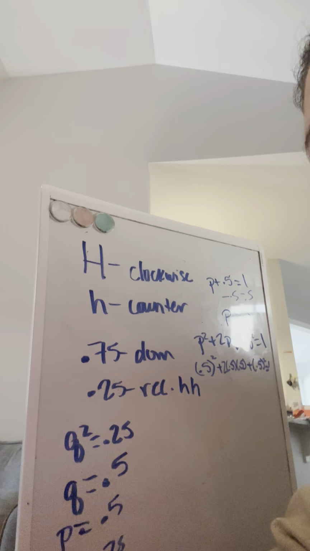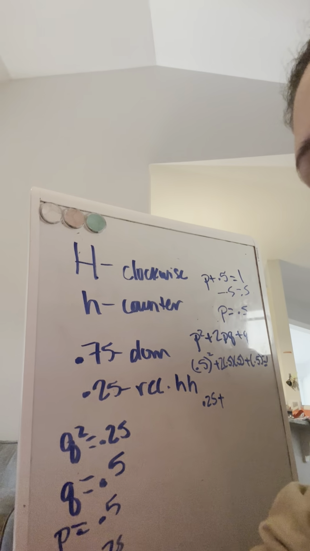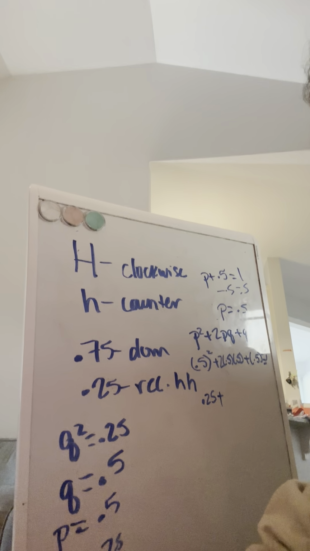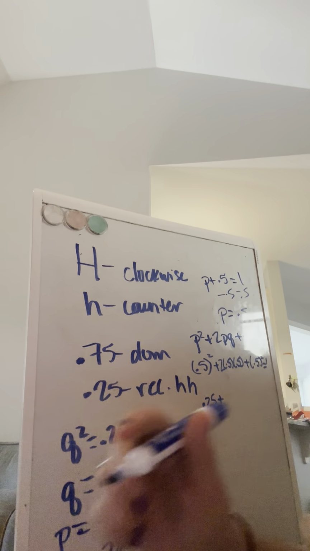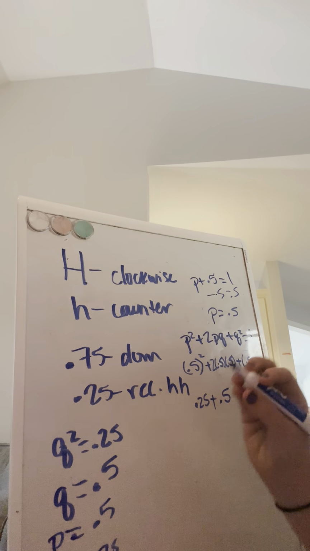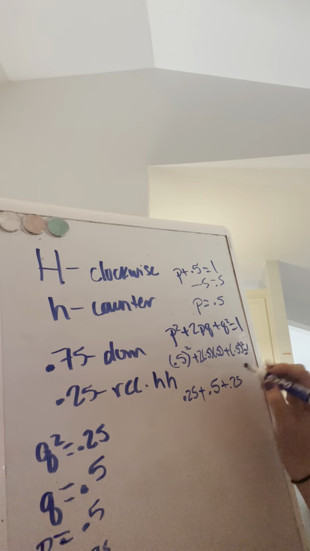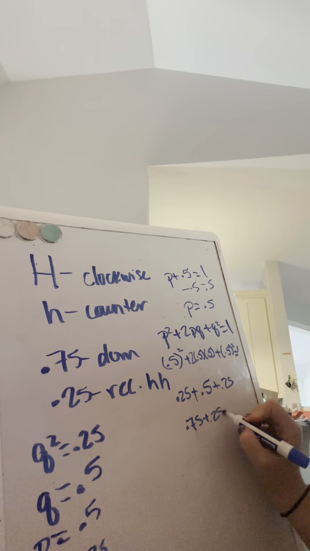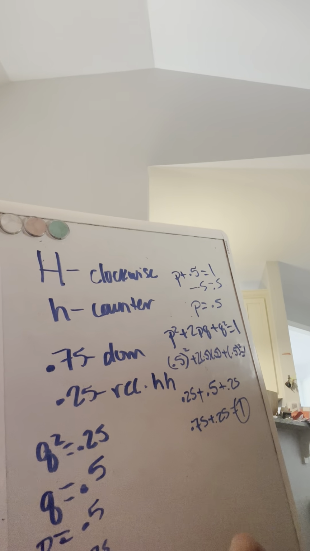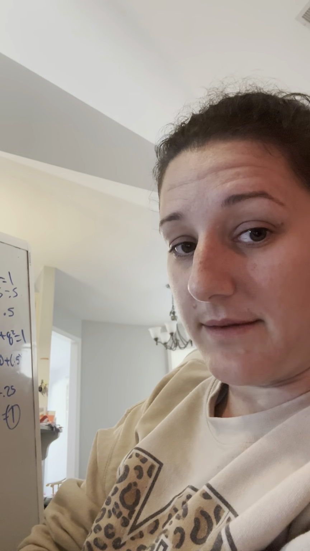So what is 0.5 squared? 0.25 plus, all right, so 0.5 times 2 times 0.5 equals 0.5. And then 0.5 squared again over here is 0.25. All right? So 0.25 plus 0.5 is 0.75 plus 0.25. That's going to equal 1. All right? Are we here for it? Does that make sense?